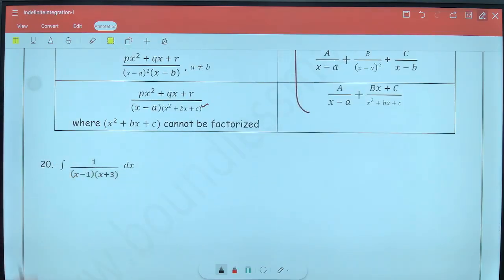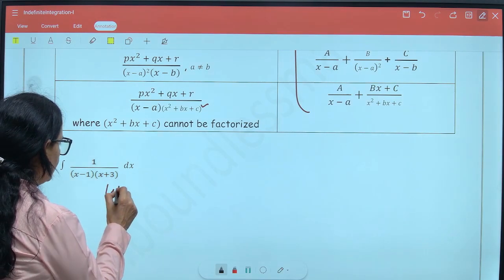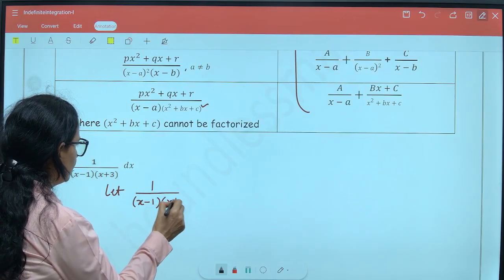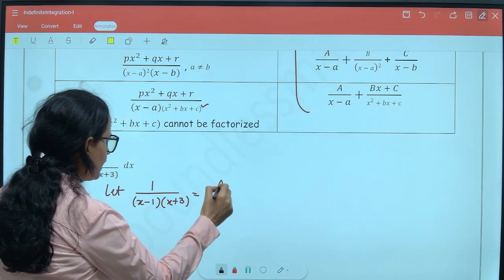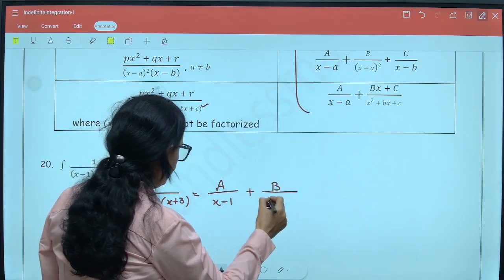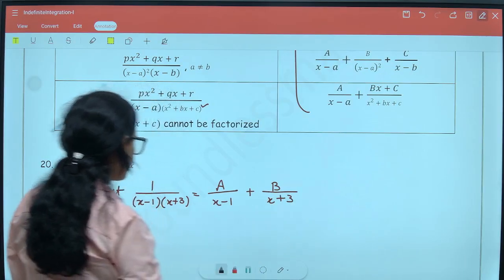For example, the question is this: the denominator is already in the factorized form. So what you are going to do is, let 1 upon (x minus 1)(x plus 3) be equal to A upon x minus 1 plus B upon x plus 3.